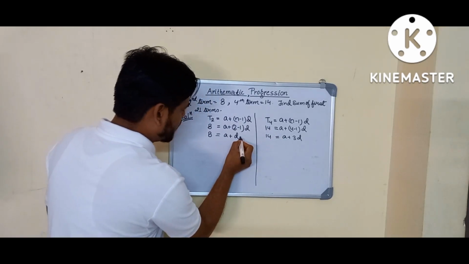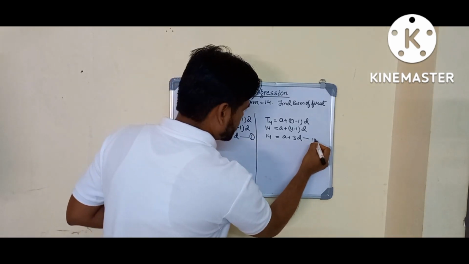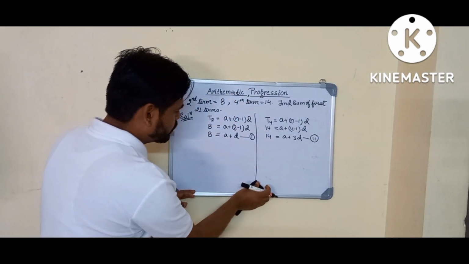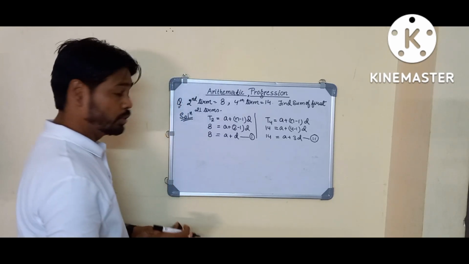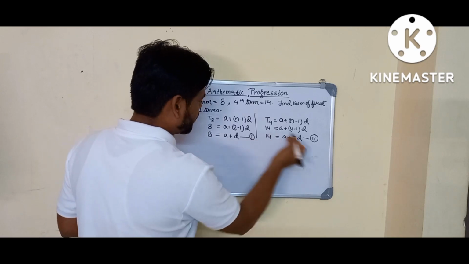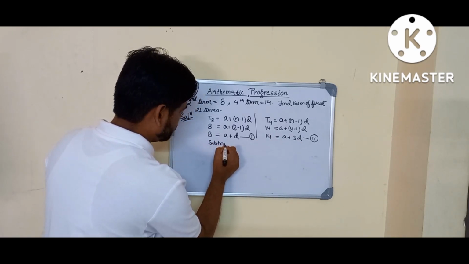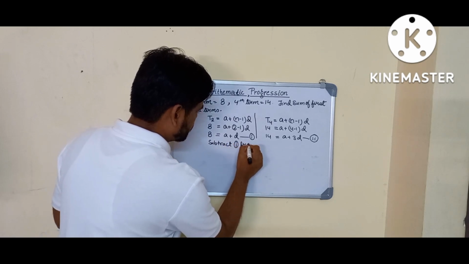Now if I assume that this is the first equation and this is the second equation, then we will use the concept of linear equations in two variables and their solution. The next step is to subtract 1 from 2.